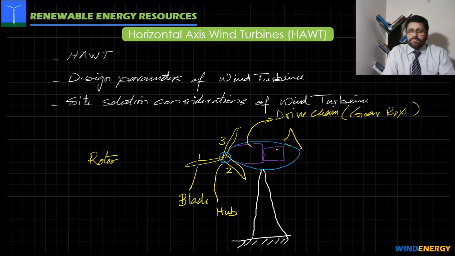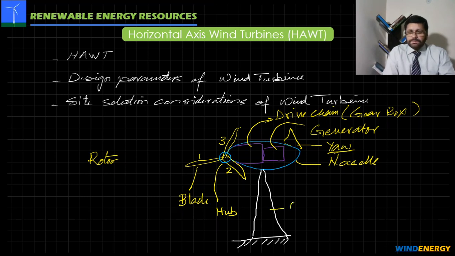This is the generator connected with the gearbox, and all these components are enclosed in this casing known as the nacelle, and this is an additional yaw mechanism for keeping the direction of the wind turbine. This we will discuss later.